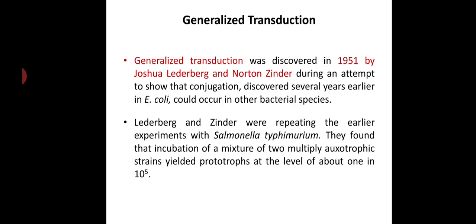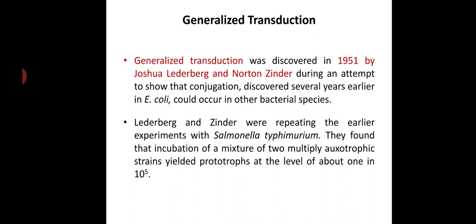Coming to generalized transduction. This was discovered in the year 1951 by Zinder and Lederberg during an attempt to show that conjugation, discovered several years earlier in Escherichia coli, could occur in other bacterial species.